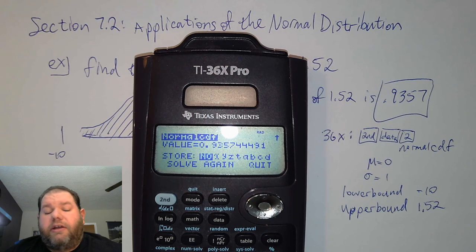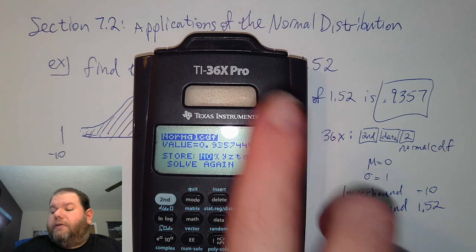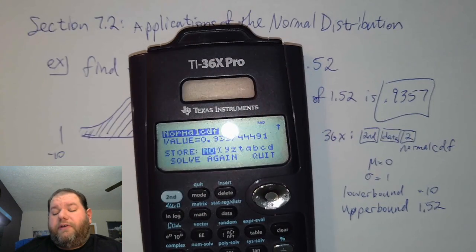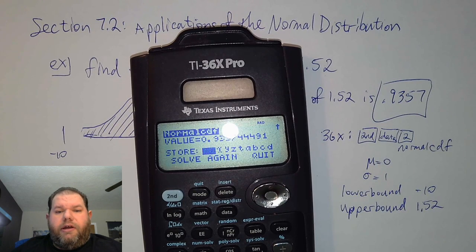But again, just use the 4 decimal places, and that way I can make direct comparisons and show that they are the same on each format, whether you're using the tables in the book or the calculators. Okay. All right. So that's our 36. Pretty straightforward. The 84 is a lot like that, although instead of pressing second and data, there's a different button we have to press, and I'll talk about that in a second.